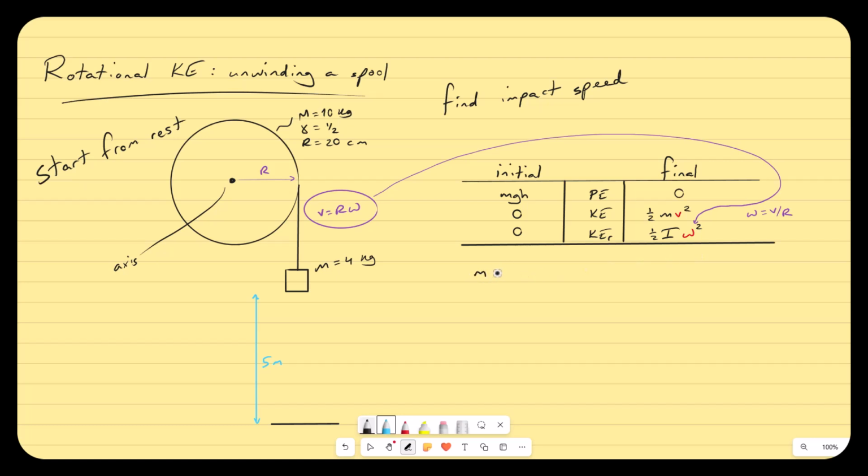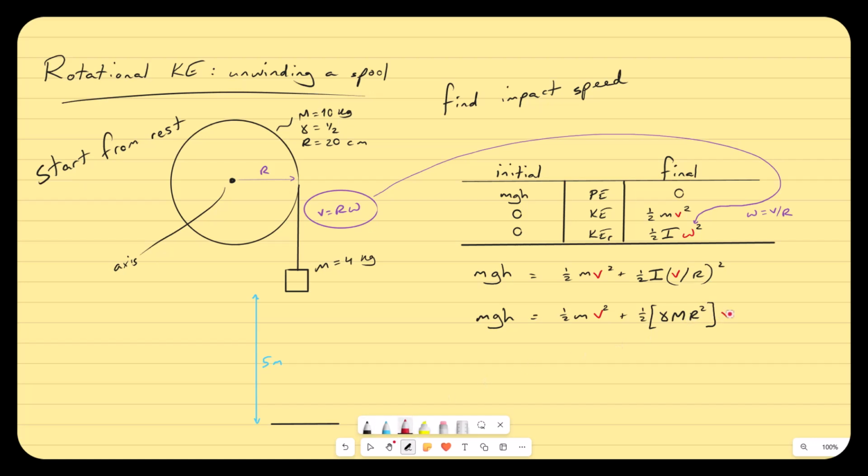So I start with an energy of mgh, and I end, I've got a half m v squared, and I also have a half moment of inertia of the wheel times v over r squared. mgh equals a half m v squared plus a half moment of inertia, that is a gamma mr squared.